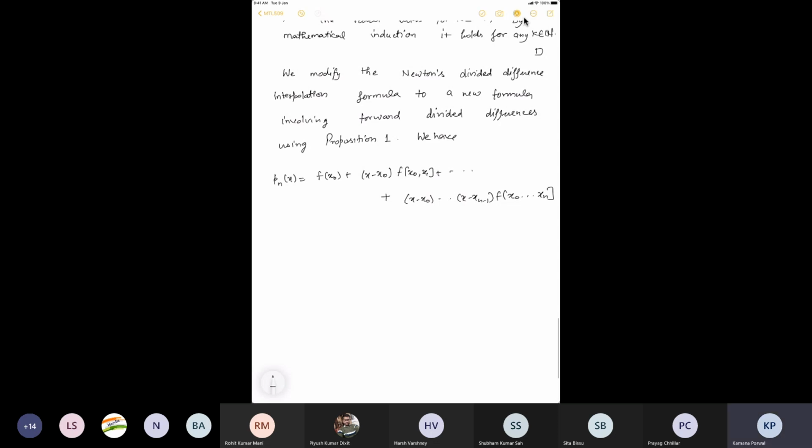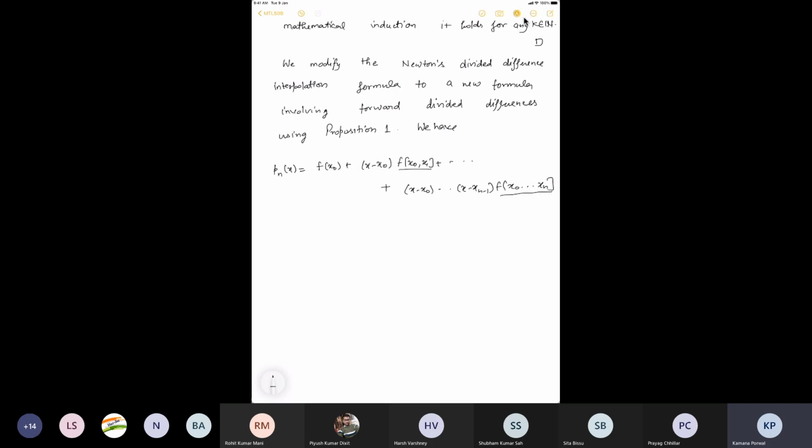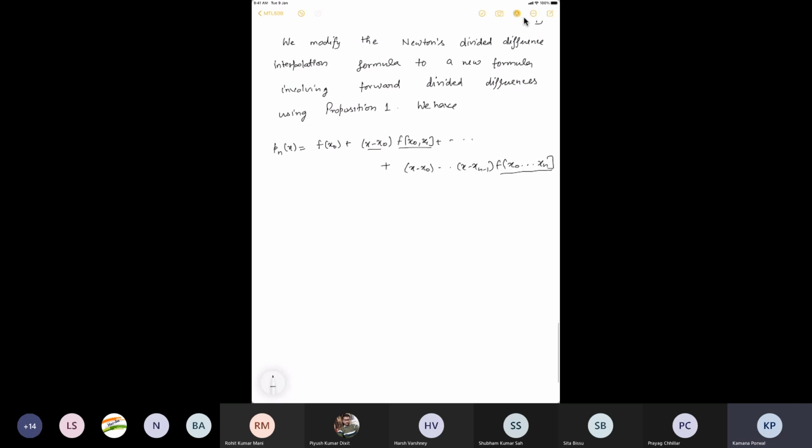We know what these divided differences are in terms of the forward difference, and we also know that these nodes are equally spaced. All the xi's are equally spaced.